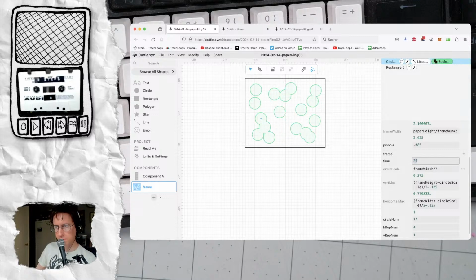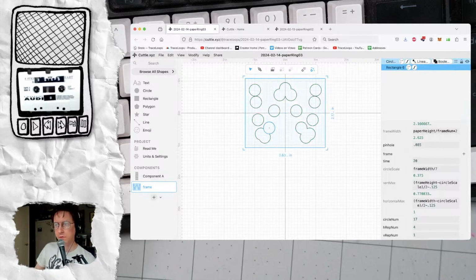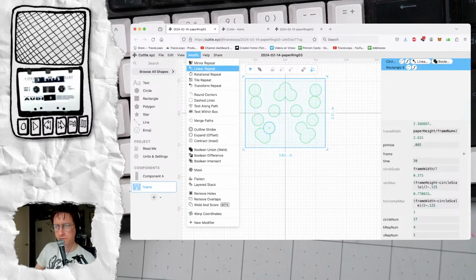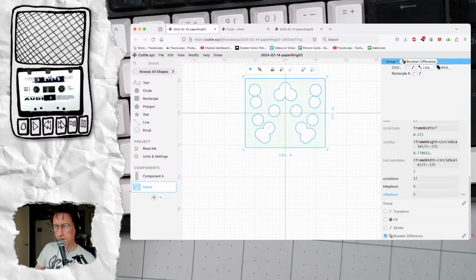There's going to be 1 or 2 spots where some stuff might get a little lost, but not so much. Okay, modify difference, and just so I know what I'm looking at, I'm going to give this a fill.